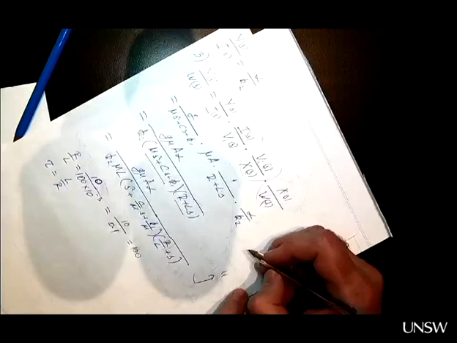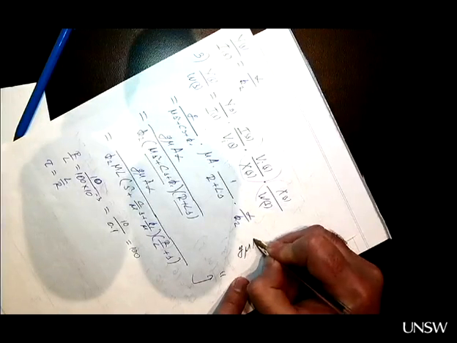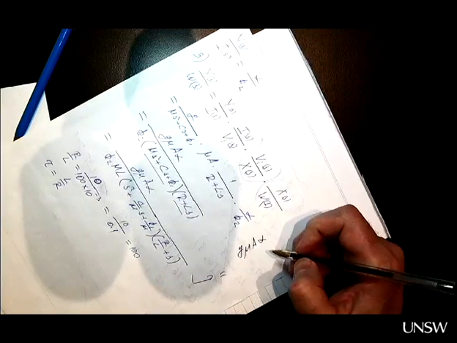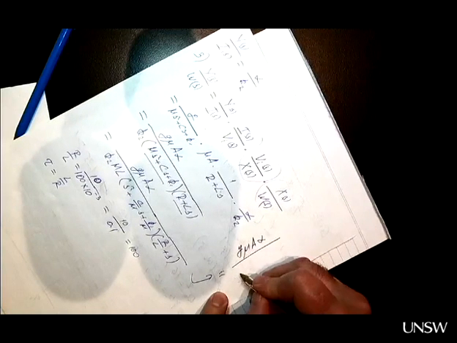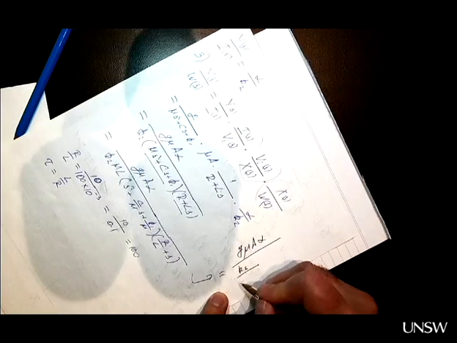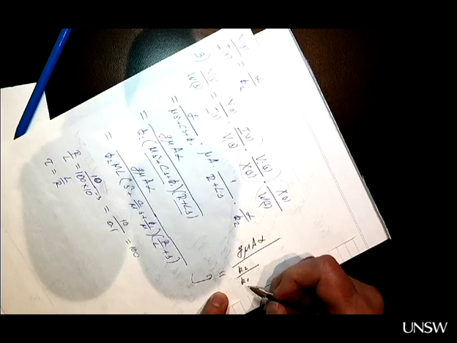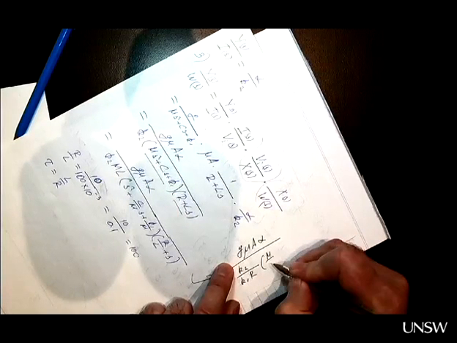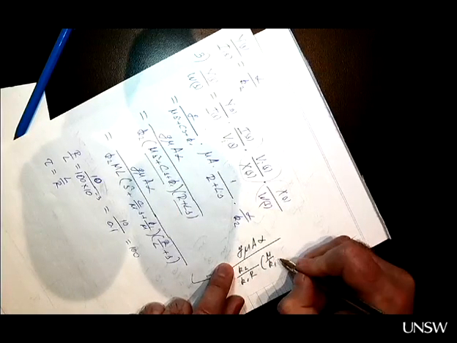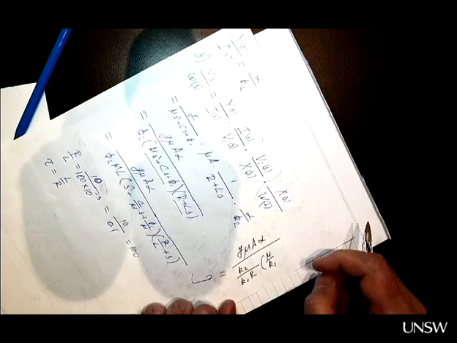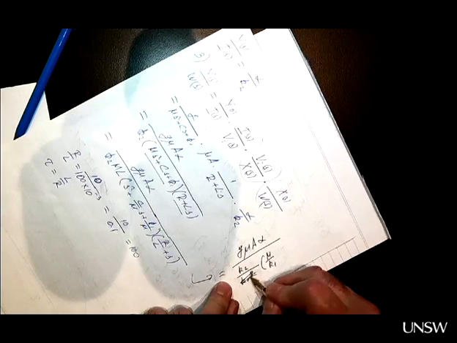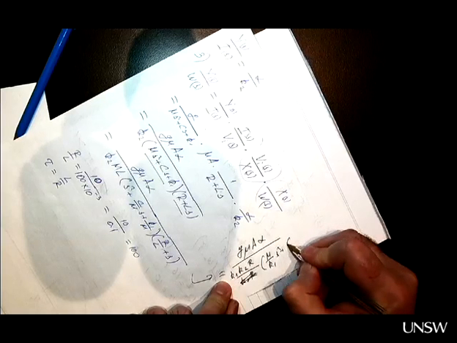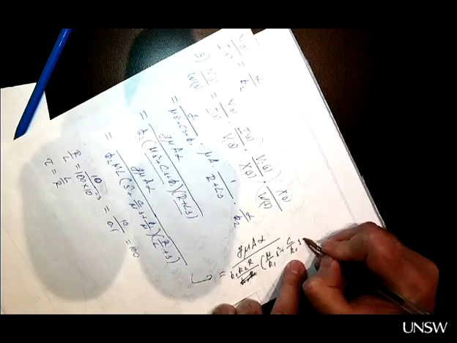G mu A alpha over K2 K1 R, brackets, M over K1 S squared plus C over K1 S plus 1 for non-dimensional.